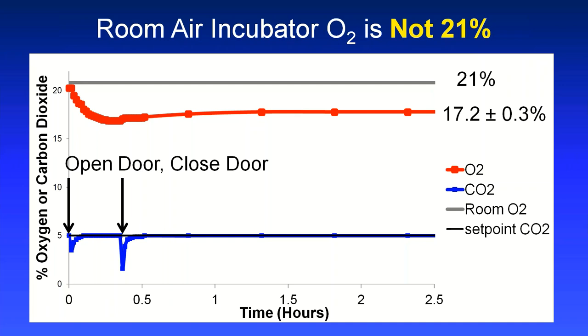And what we found is that if we open the door, set the sensor inside, close the door, and then open it again and close it again, as if we took a flask of cells out and then a few minutes later put it back in, these are the readings that we got. We got about 17.2% oxygen in an incubator.